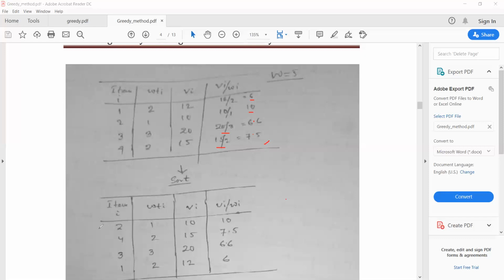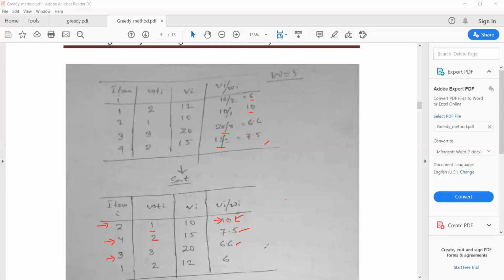We make it sorted, so item 2 will come first. That is the most feasible solution because for unit weight you get the maximum profit. So the select function will choose item 2 first, then item 4 second, and then item 3 with 6.6.